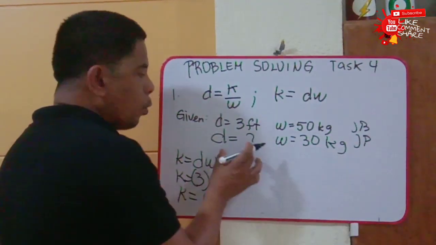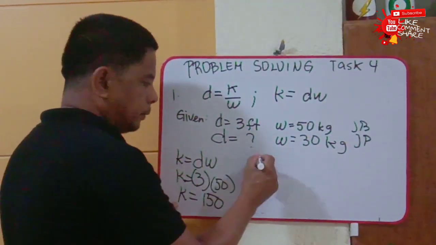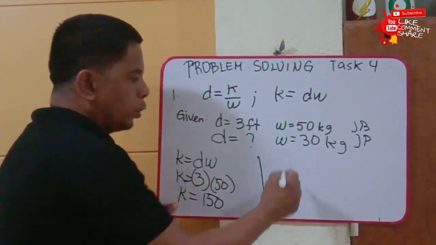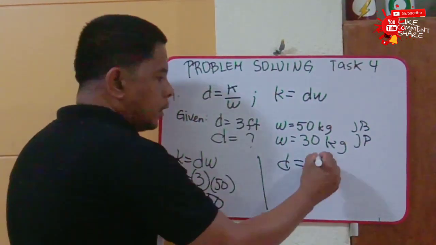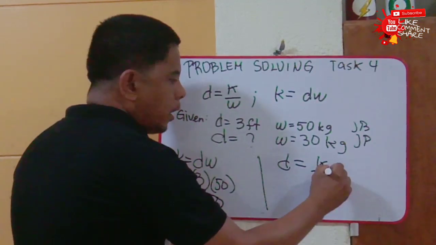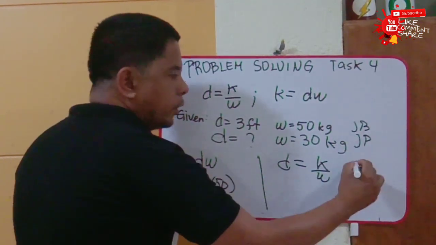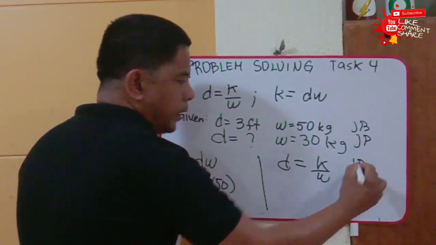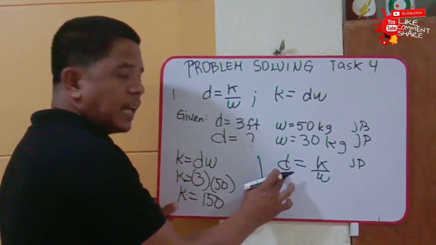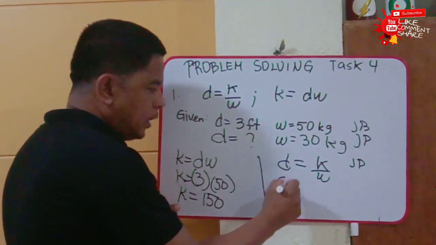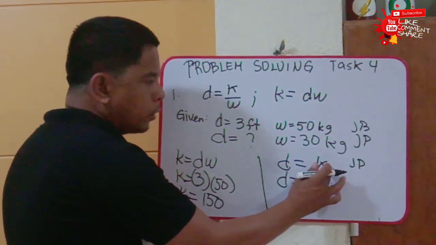Ngayon, makukuha na natin ang distance. So, D equals K over weight. Ito ngayon ay si JP. So, ano yung hinahanap natin dito? Yung distance ni JP. So, D equals, what is our constant?